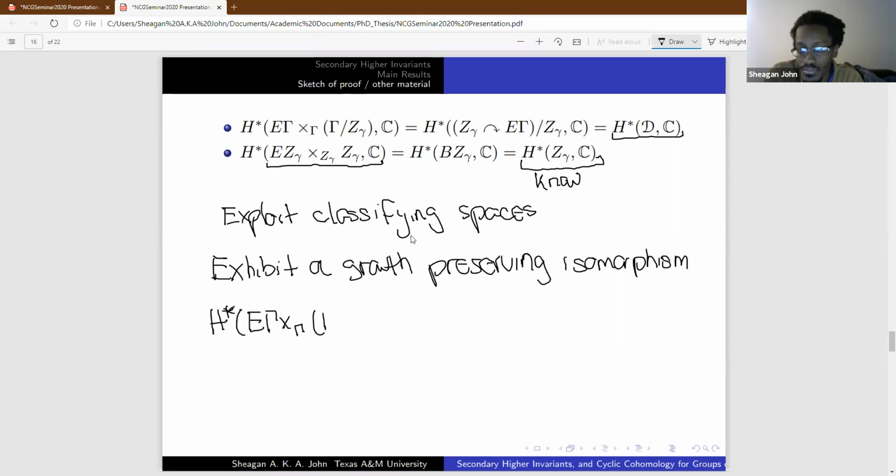And this is all going to be singular cohomology. So we need to be a little careful about what we mean by polynomial growth here.